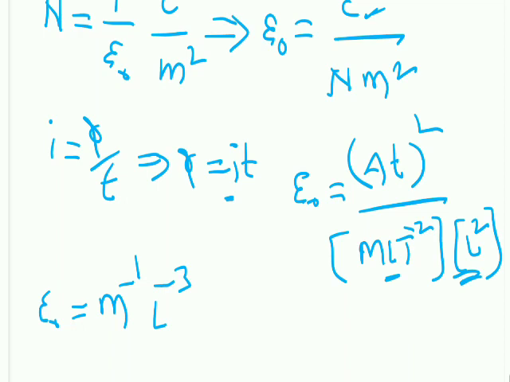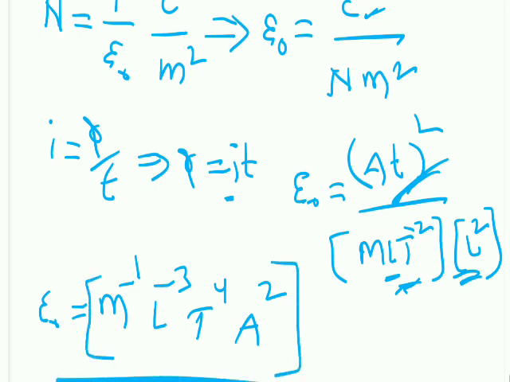And here T square is there, here also 1 T square. So T to the power of 4, ampere square. This is the epsilon naught dimensional formula.